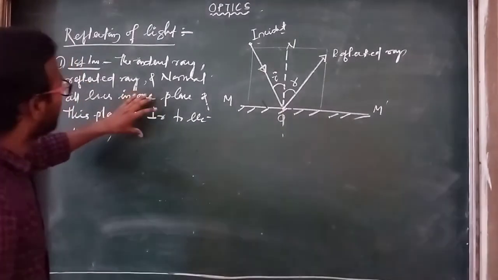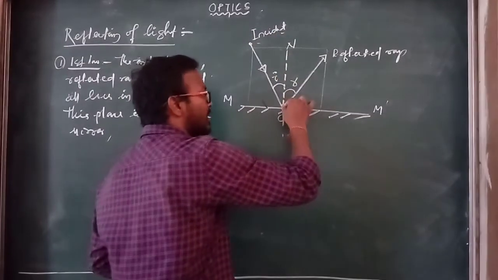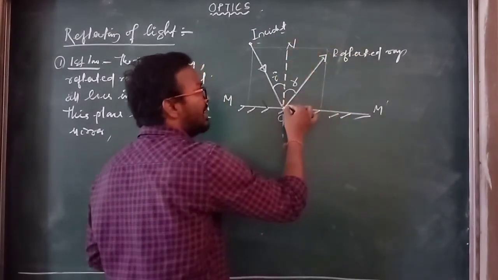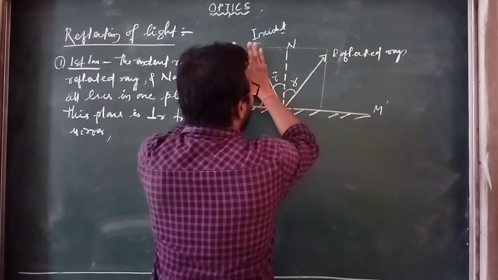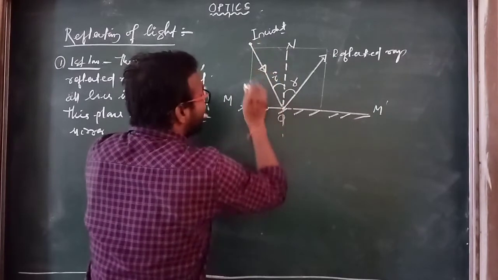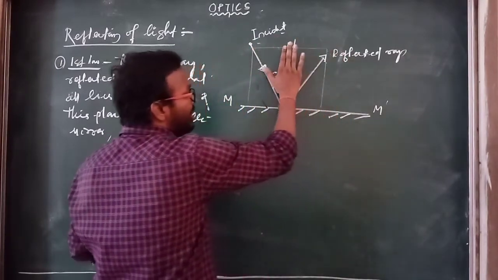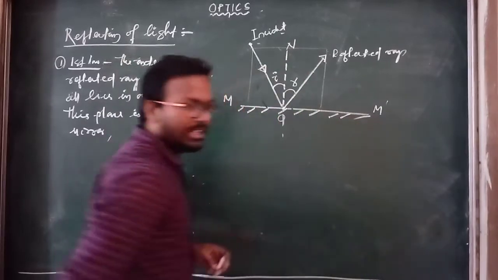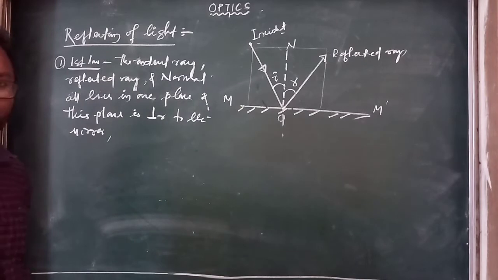This is known as the first law of reflection. That means the incident ray, the reflected ray and the normal, all three lie in one single plane, and this single plane is perpendicular to this mirror. This is known as the first law of reflection.